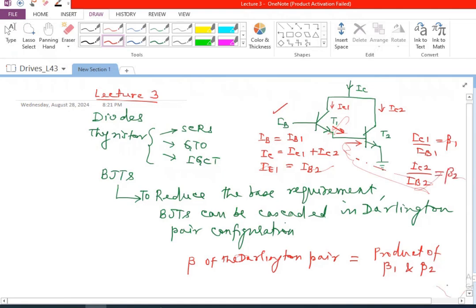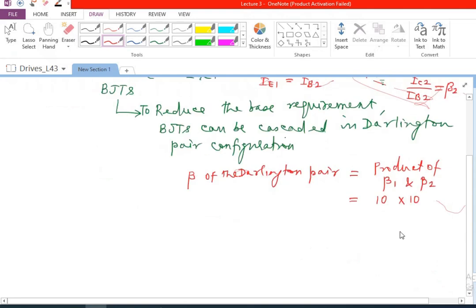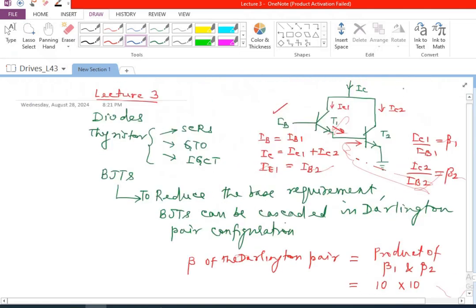Let us say each of the beta current amplification is about 10. We said that when the transistor gets into saturation, the current amplification factor is going to decrease, because of which both of them put together will be almost as high as 100. So the current amplification factor increases quite a bit when we use two transistors connected together in cascaded manner as a Darlington pair configuration.